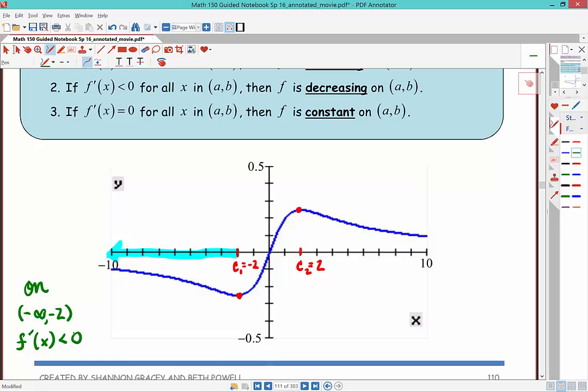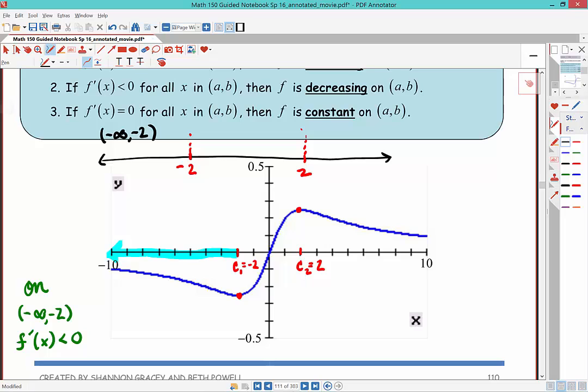So if you made a number line and you were testing values, and you had your critical numbers on this number line, call it -2 to +2, you could make your intervals here: -infinity to -2, like we just did right there.